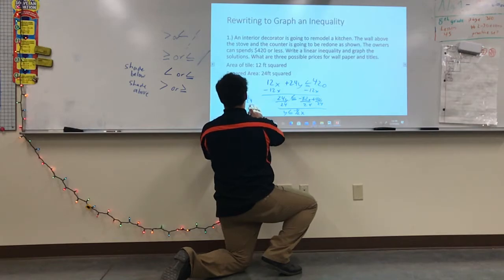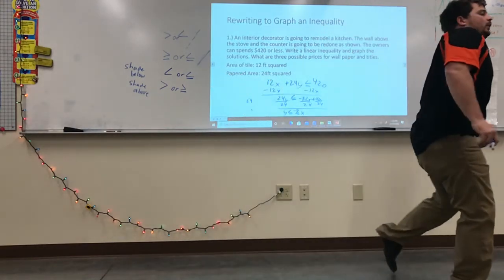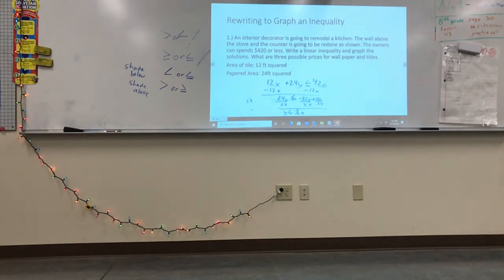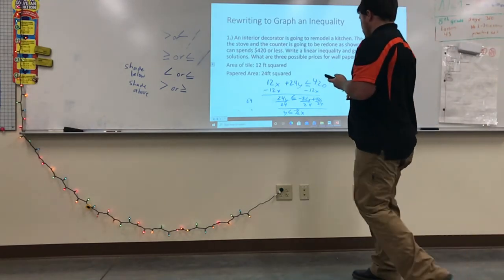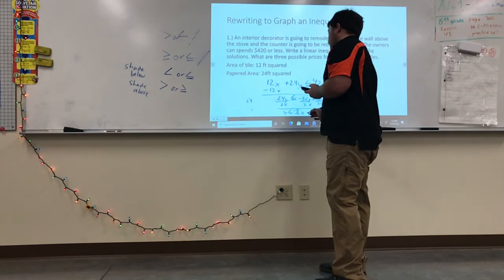Must go in there more than that. Calculator. $420 divided by 24 equals 17.5. Now you'd graph it.